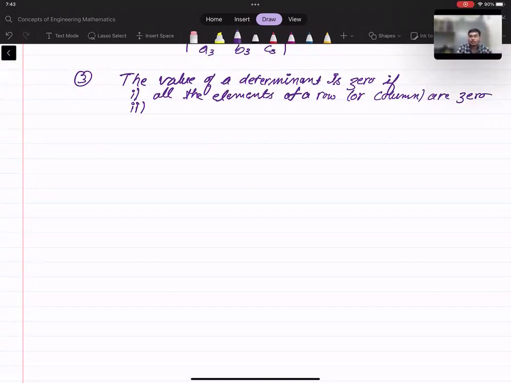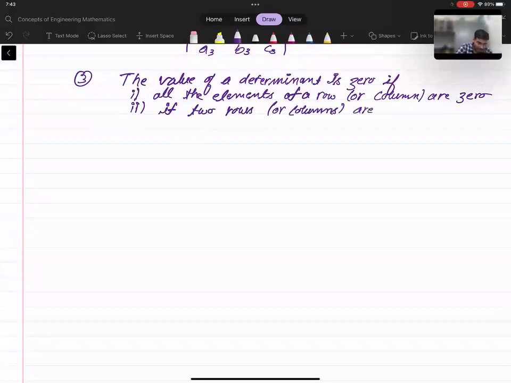Okay. Remember, in these properties, when we say rows, then we will see the relation between rows only, and if we say column, then we will see the relation between any two columns only. So if two rows or columns are identical, means they are exactly the same, in that case also, the determinant will have its value as 0.